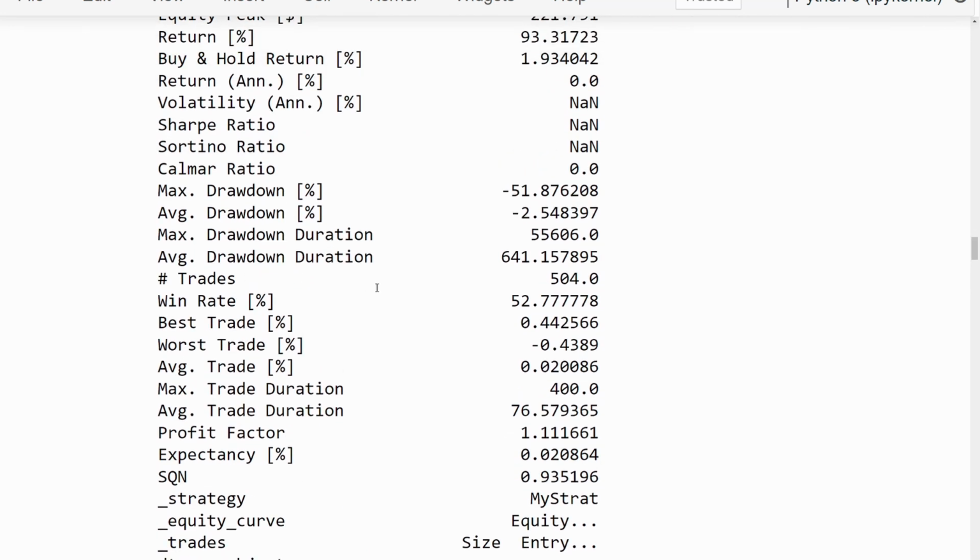And let's check, the win rate is 52%. So it's almost like the previous case, like we had for the previous set of data. The maximum drawdown is -51. It was around -60 for the previous set of data. So nothing surprising here from this perspective.